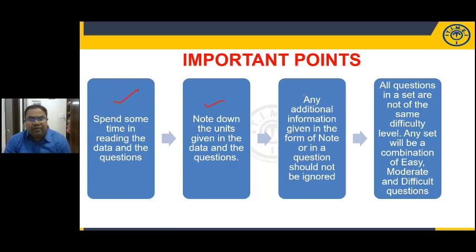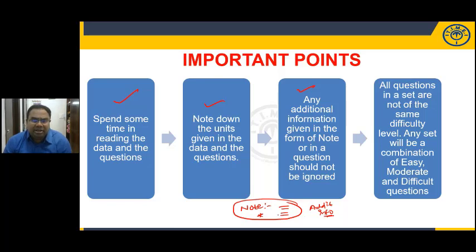Any additional information given in the data or the question should not be ignored. Generally, apart from the data given in the table or pie chart, outside he'll write a note with a star mark, one or two sentences. You must read this; it is known as additional information.